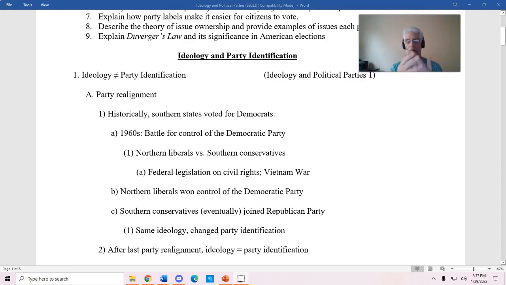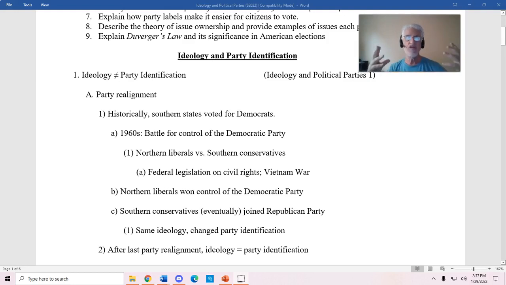And as a result, the Democratic Party started passing laws, the 1964 Voting Rights Act, the 1965 Civil Rights Act, and this caused a lot of disaffection among Southern conservatives, who at first voted for an independent party candidate, and then eventually they joined the Republican Party. Now, the Southern conservatives hadn't changed their ideology.